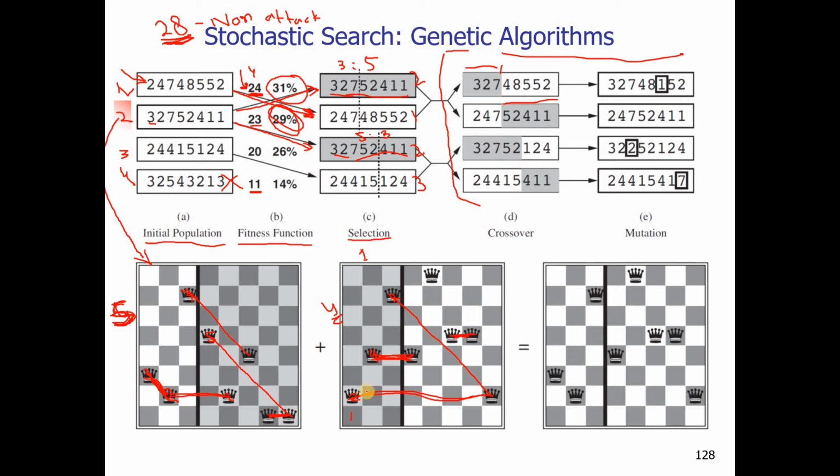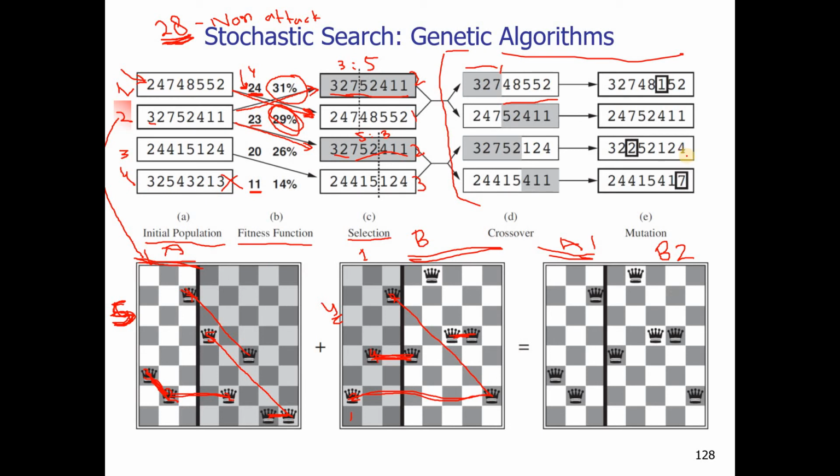What does crossover mean here? We copy the 3 columns from one state and the 5 columns from the other state, and we combine them. Let's say this is board A and this is board B. We select the first part from board A, and the second part from board B. That's how it happens. This is the perfect example of crossover.